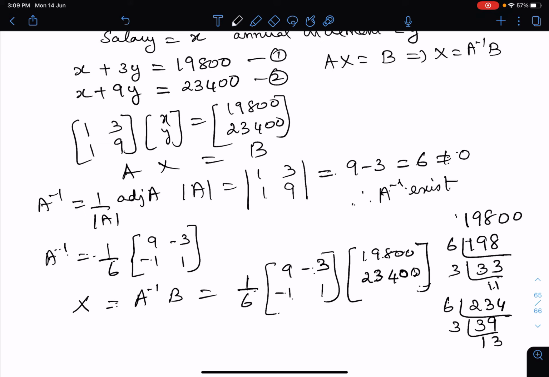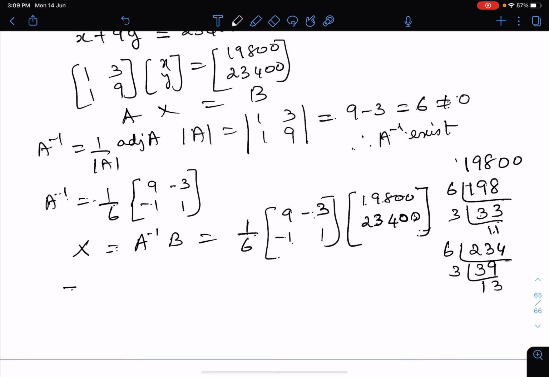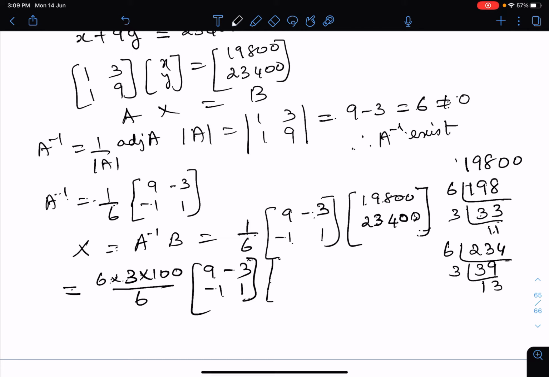Now we shall take the common elements outside. So you can take 100 and you can take 6 into 3. So 6 into 3 into 100 by 6. The adjoint remains the same, and here this 198, with the 6 into 3 taken out, leaves 11, isn't it?